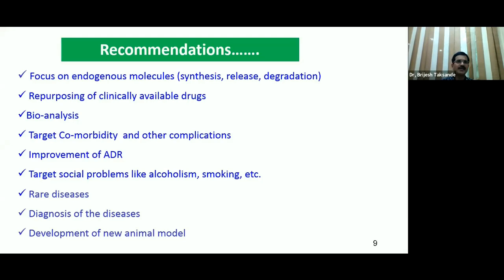Next, I would take the example of repurposing of clinically available drugs. I must take the example of pioglitazone, a PPAR agonist, as it is widely accepted that these drugs are used in the treatment of peripheral disorders, right? They are anti-diabetic agents used for the treatment of type 2 diabetes mellitus, usually increasing the availability of insulin.